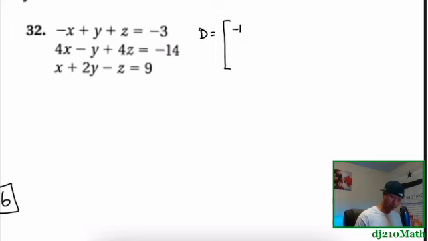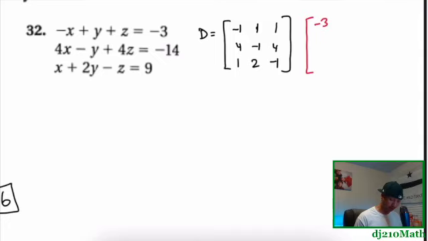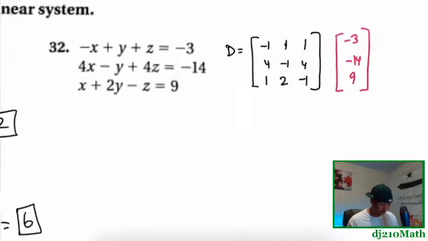So -1, 1, 1. Just the variables. 4, -1, 4. 1, 2, -1. Okay. And then off to the side, we have our constants. -3, -14, 9. All right. How many of these we got to do? 3.